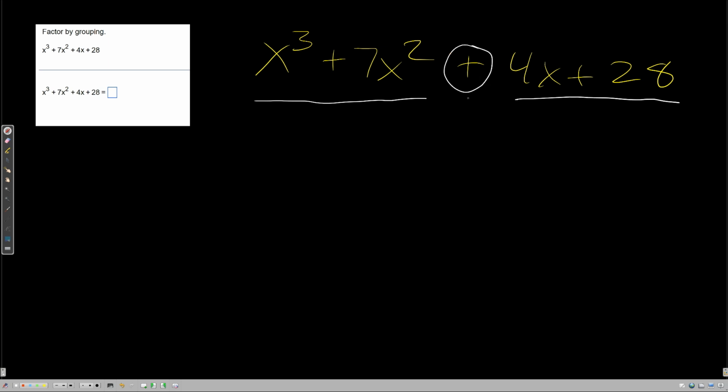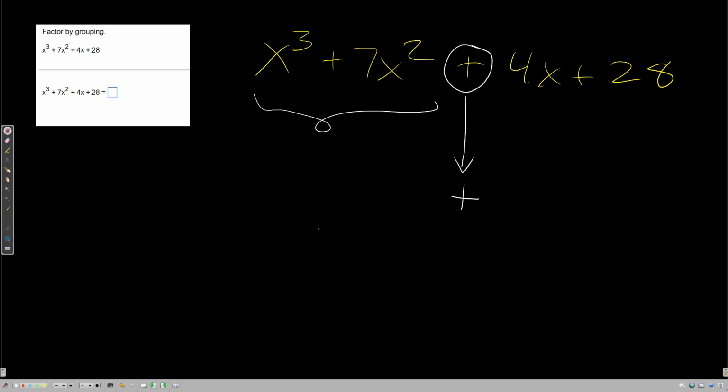Here's this plus sign. That plus sign is going to go right there. And from this first group, just looking at this pair, they have the x squared in common, and then what would be left over is the x plus 7.